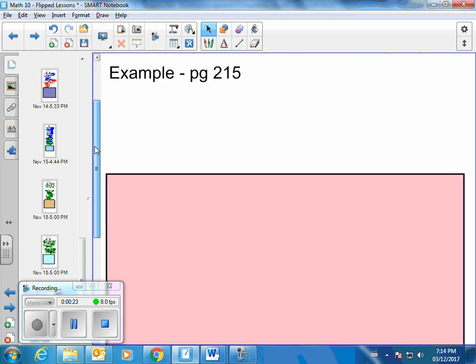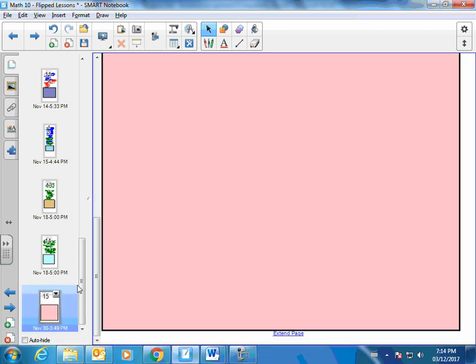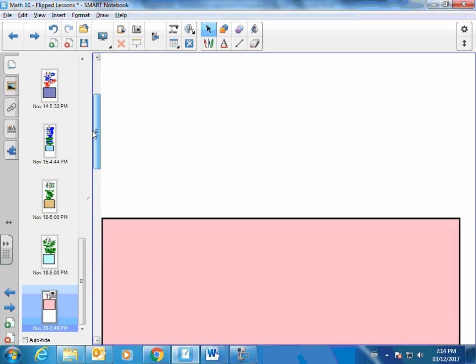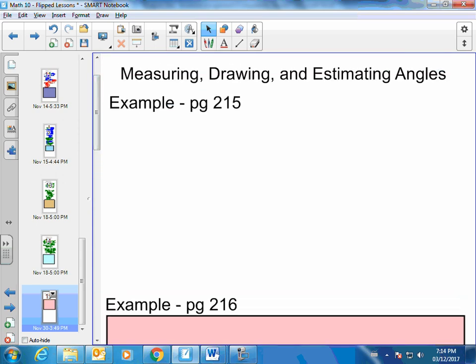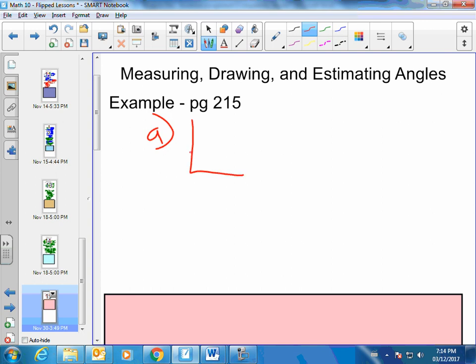And the first thing that we are going to be doing in this lesson today, actually let me extend my page here before I forget, is just looking at the different types of angles, and some of them have different names. So if you take a look on page 215, we have a series of drawings of different lines. So the first one we have looks something like that.